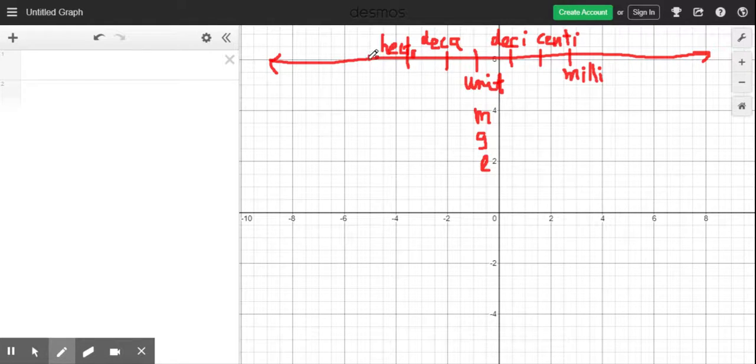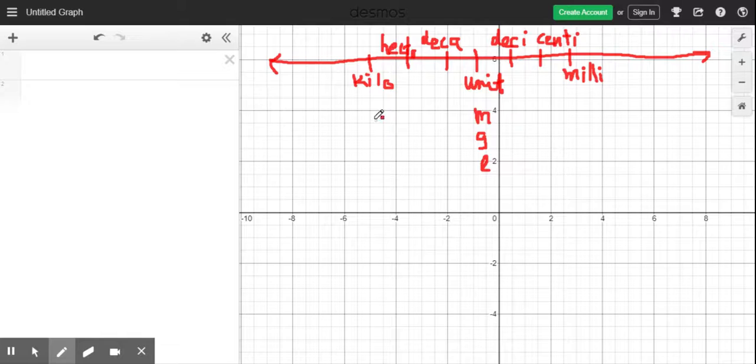Or we can go 1,000 meters is a kilometer.